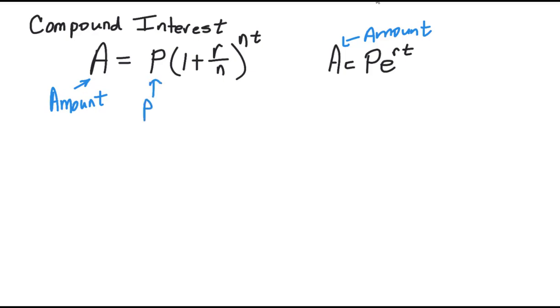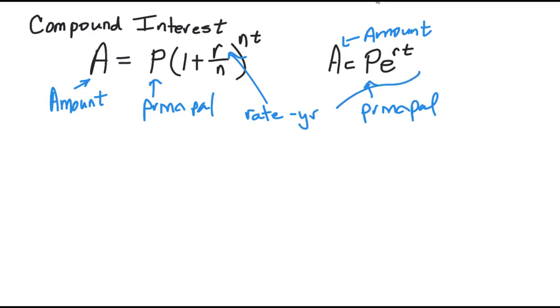P being the principal, which is the amount that you actually invested or borrowed. R being the interest rate, and this is given always in years, same R right there.